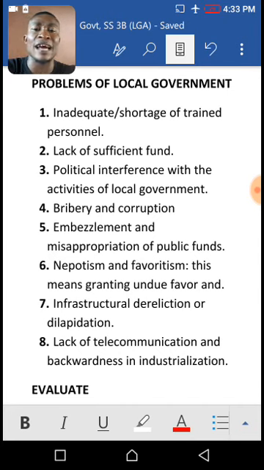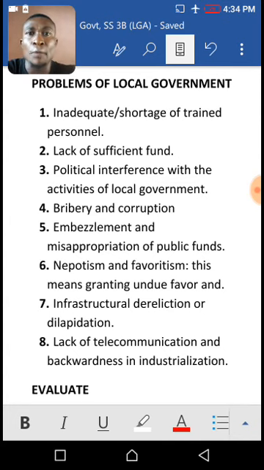The last one is lack of telecommunication and backwardness in industrialization. We are in a digital dispensation, and as such some local governments are not well equipped in this context.